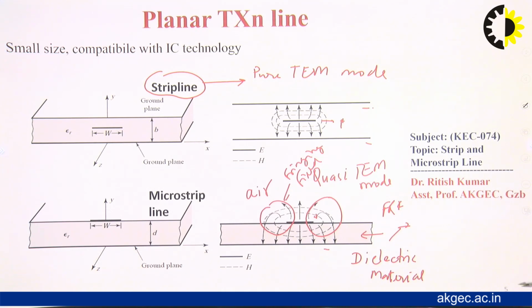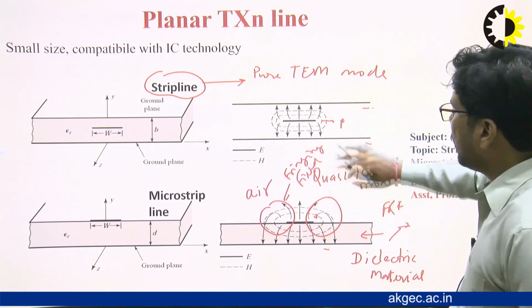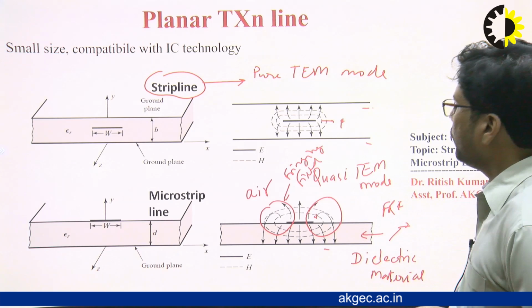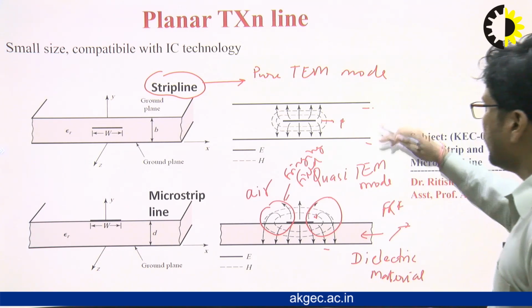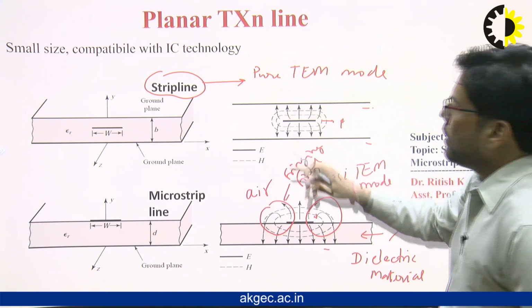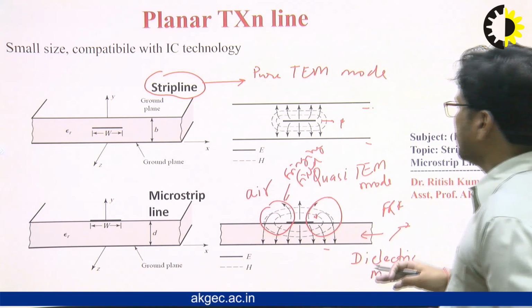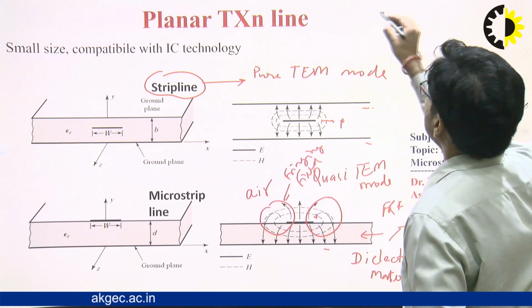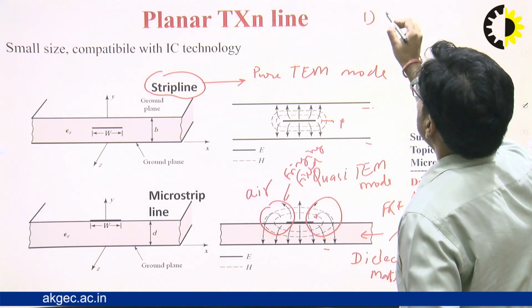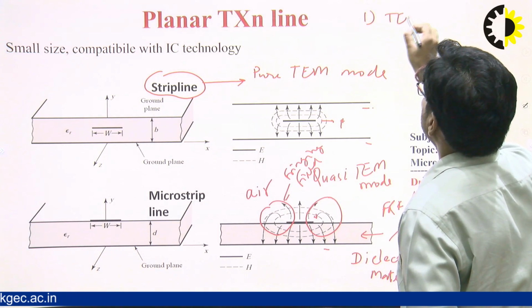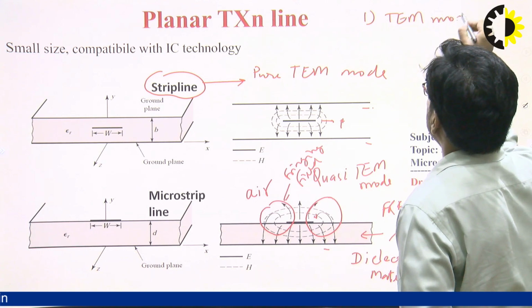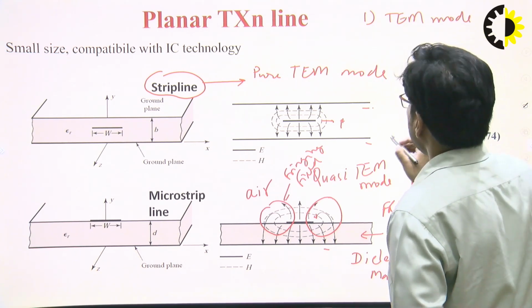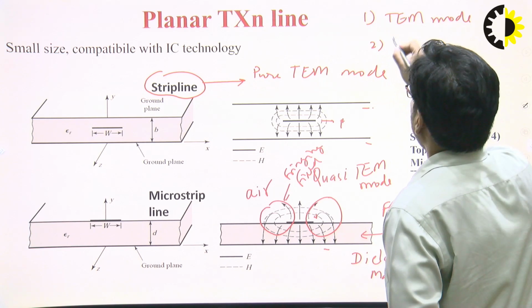This is the main electric field distribution difference between the strip line and microstrip line. In a broad sense, we can say the strip line has the TEM mode and the microstrip line has the quasi TEM mode.